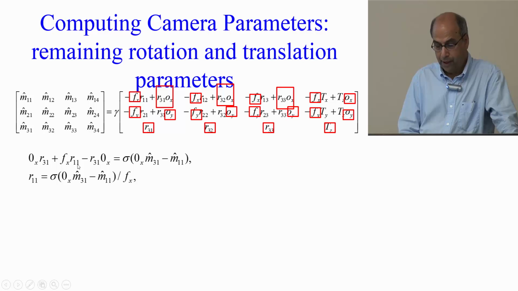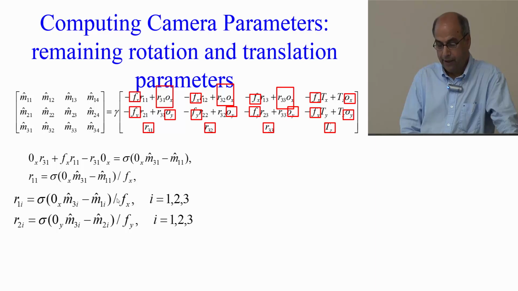We don't know only r11, so we can find r11 by dividing by fx the other element, and then moving m31 ox, m31 minus m11 divided by fx, and that will give you r11, and then we can find out r12, r13, and so on.